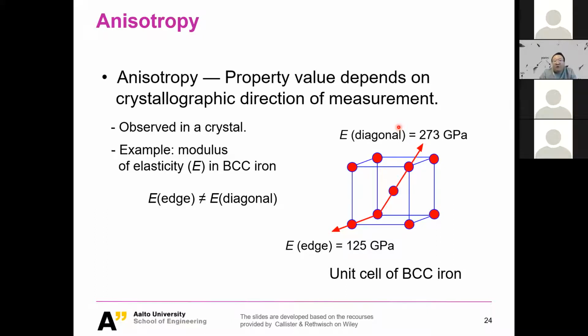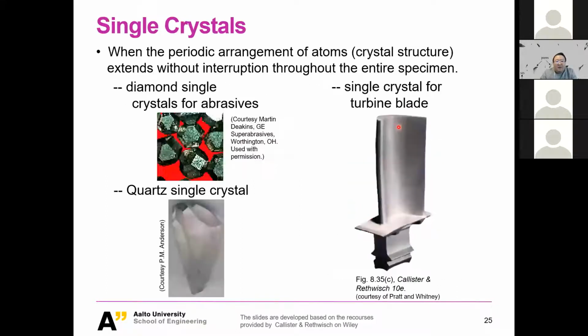But for many materials, it is not anisotropic, it is isotropic. So we will just give you the why and the how of this in today's lecture. These are the two properties influenced by the packing arrangements, and also some examples about crystals and metals.